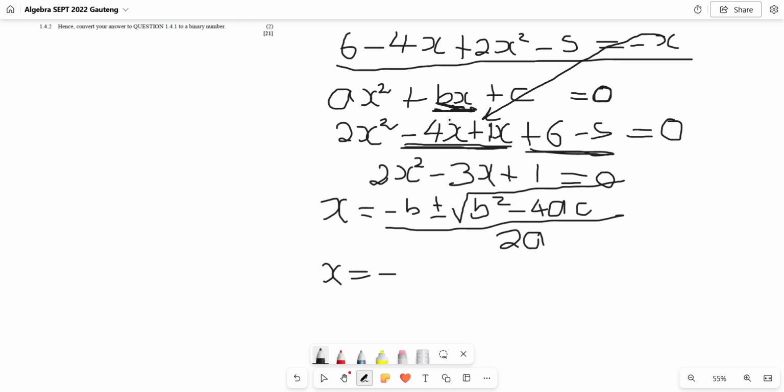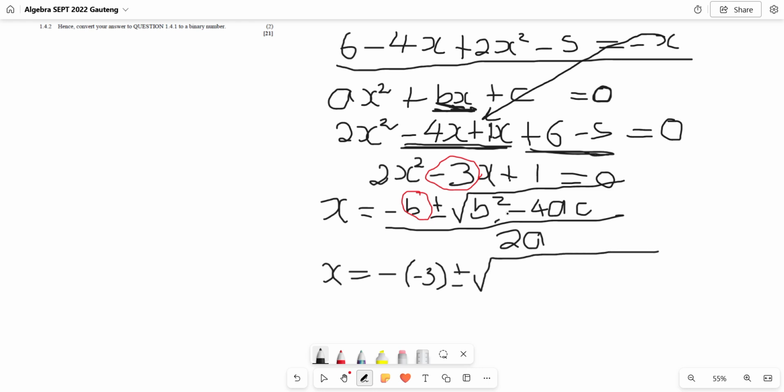The value of b is the number that comes before an x. Here is our x, the number before an x. This number represents this b that we see in the quadratic formula. Since that number is a negative, we open a bracket, then negative 3, close bracket, plus and minus the square root.